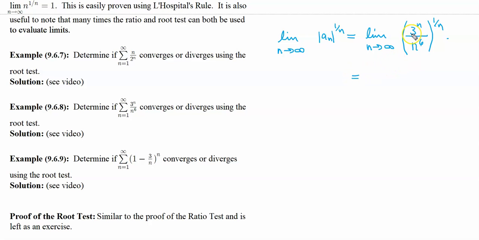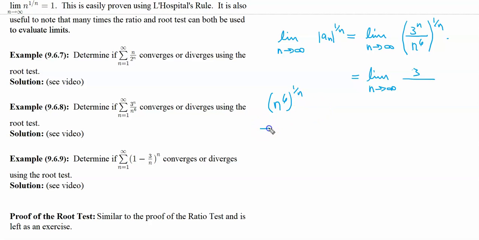Now notice that the numerator is just going to become 3. It's going to be 3 to the n raised to the 1 over n power. Multiply those exponents, you get 3. And in the denominator, you're going to get n to the 6th raised to the 1 over n power.